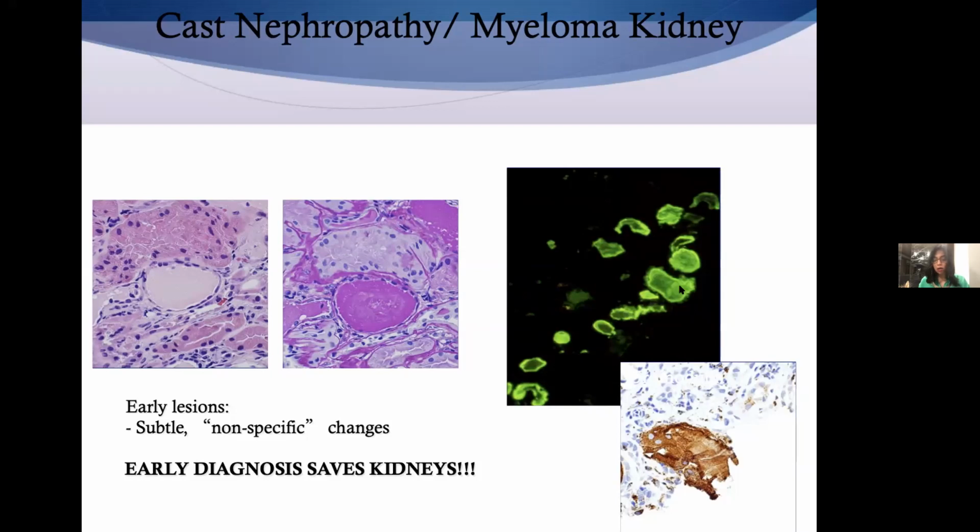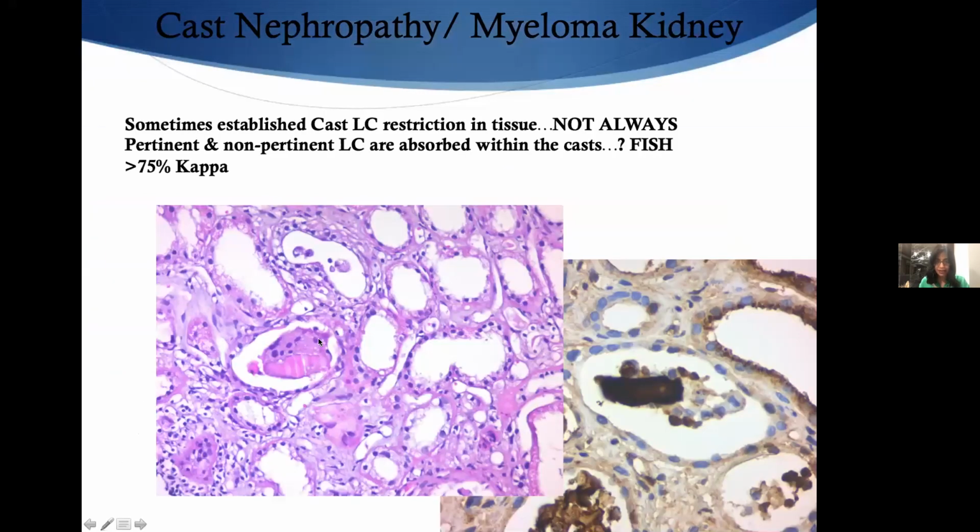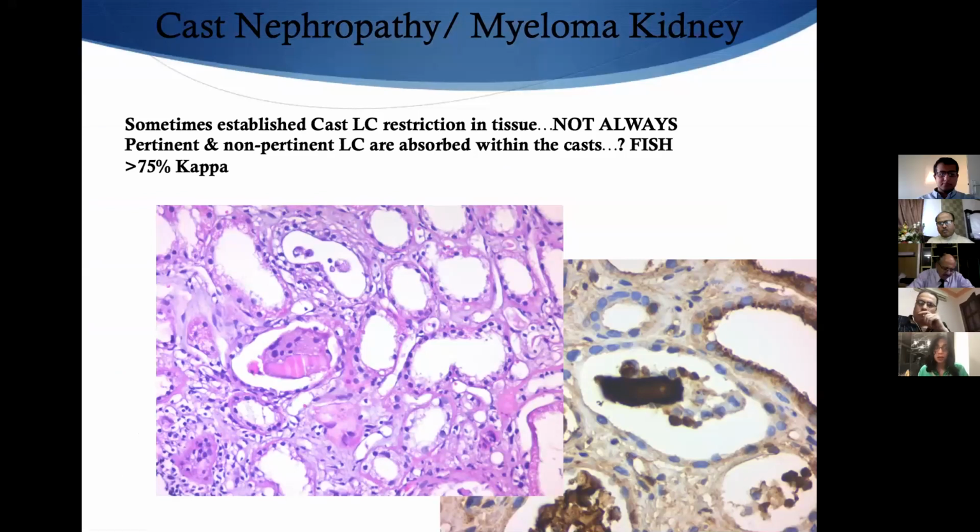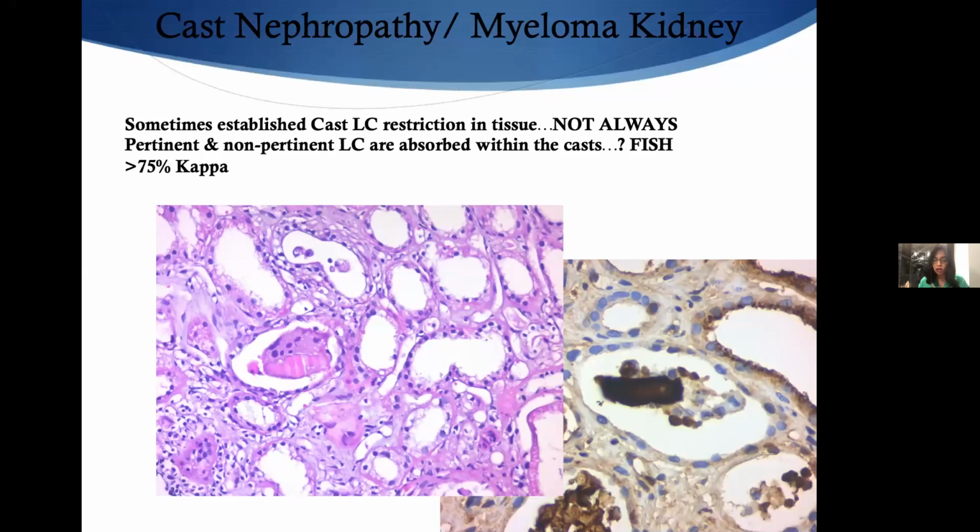These casts are going to stain by light chain restriction, usually kappa in more than 75% of cases. As you can see here, this is a nice single cast with a giant cell reaction, and it stained nicely for kappa. However, it's sometimes difficult, or usually actually, let me put it that way, the majority of the time, you cannot establish light chain restriction in the casts. In this scenario, the casts are the ones which are monoclonal.